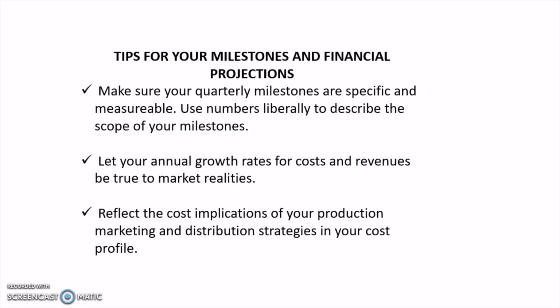Of course, since you're writing a business plan, you're going to be making these costs as projections, not real costs now, because it's a business plan. So you're going to project how much these aspects of your business are going to cost you. So not just the production cost or the running cost of your business, you're also going to look at the cost of marketing, the cost of distribution, and the cost of production.